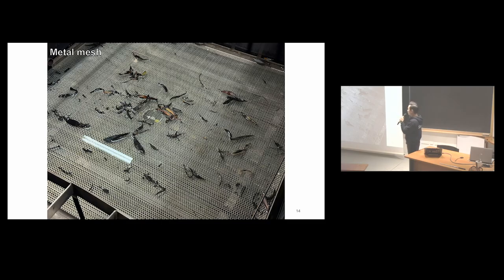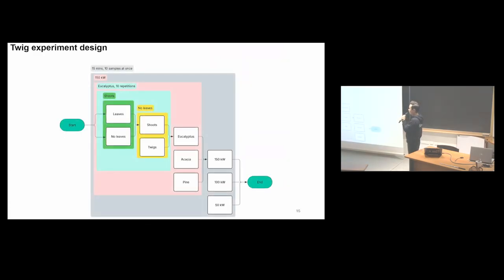So it's better to remove the leaf. But the question is whether the sample with leaf and the sample without leaf are the same. So in the first experiment, we need to confirm whether the sample with leaf and no leaf produce the same firebrand or not.